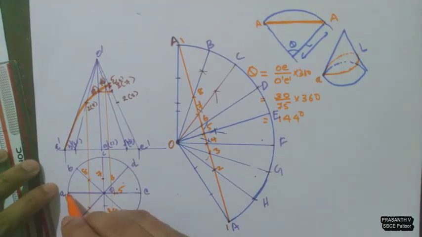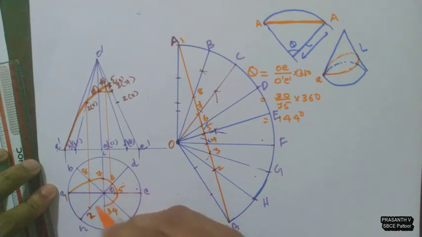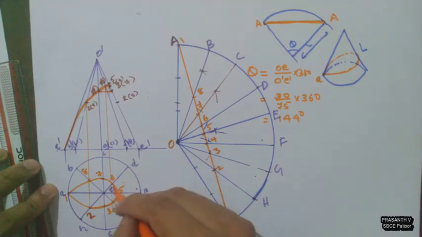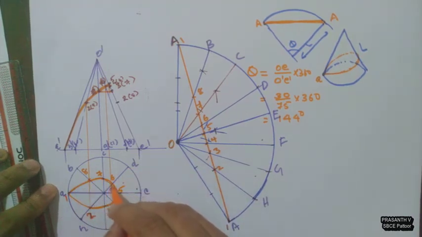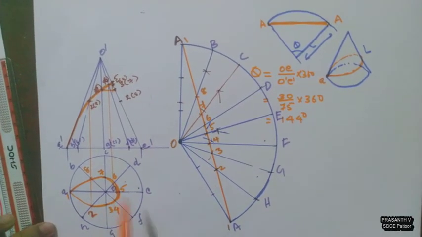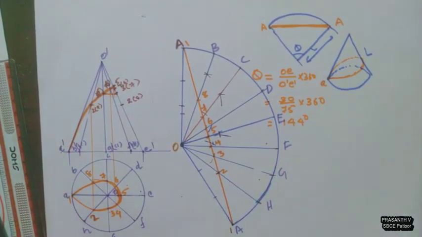Join all these points. We will obtain the curve like this. So this is the representation of the shortest path in top view. Here it is the representation of the shortest path in front view. Thank you.